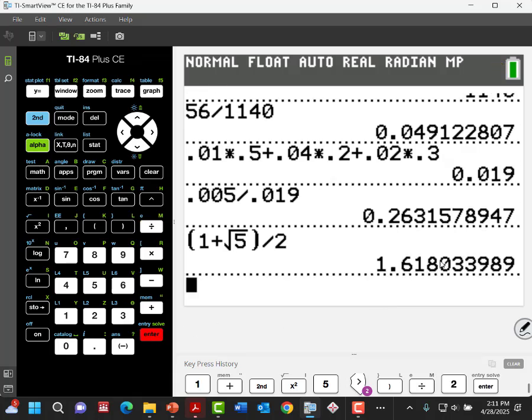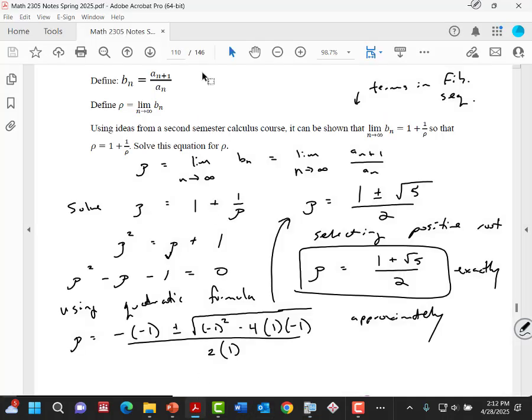And I get 1.61803, etc. And so this is going to be an irrational number. The number is going to go on forever. It's not going to repeat. It's not going to terminate. But I could approximate it as approximately 1.618. Which is what we call in mathematics the golden ratio.